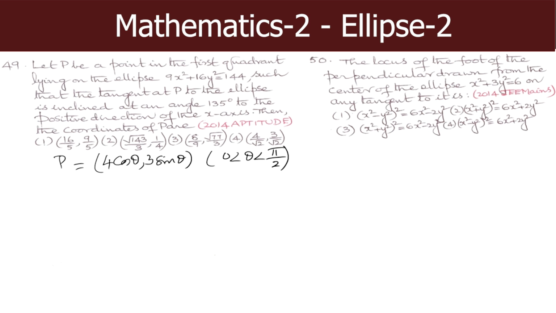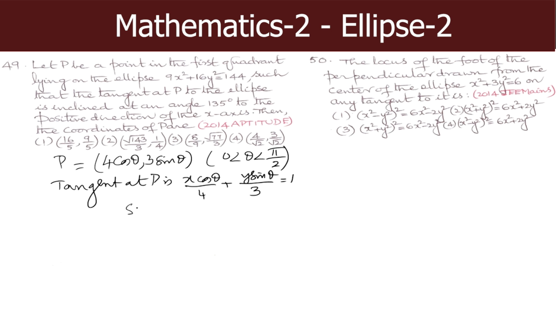And therefore, the tangent at P is x cos theta by 4 plus y sin theta by 3 equal to 1. The slope of this tangent is minus 1, because it makes an angle of 135 degrees with the positive x axis.